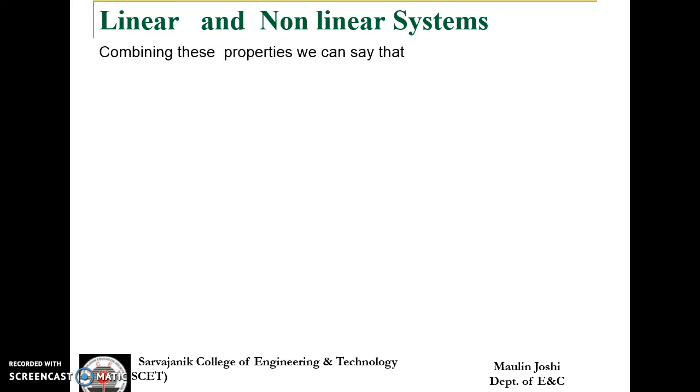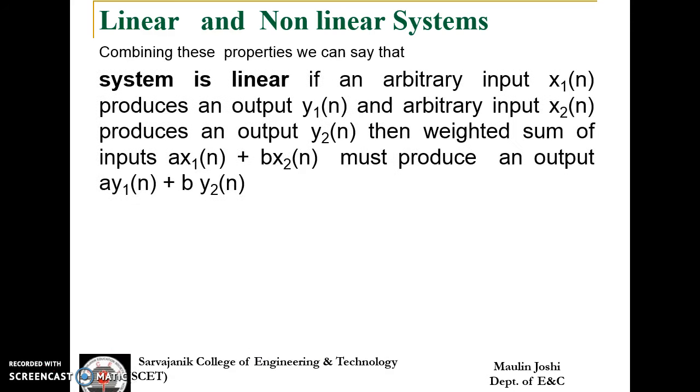So if we combine these two properties, then we can say that the system is linear if an arbitrary input x1[n] produces the output y1[n] and the input x2[n] produces the output y2[n], then the weighted sum of the inputs, that is a times x1[n] plus b times x2[n], must produce an output, that is a times y1[n] plus b times y2[n].